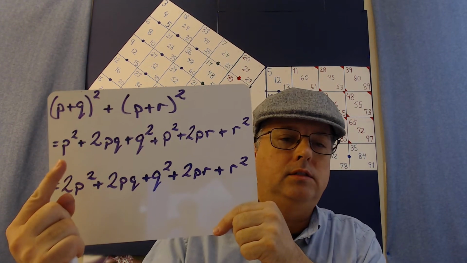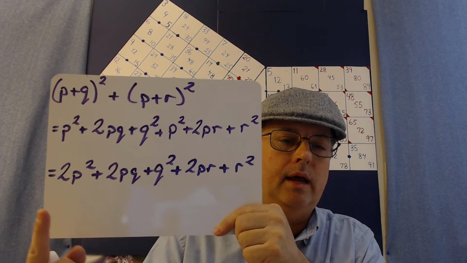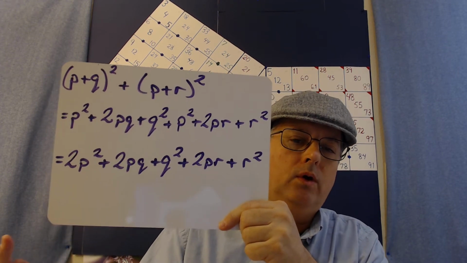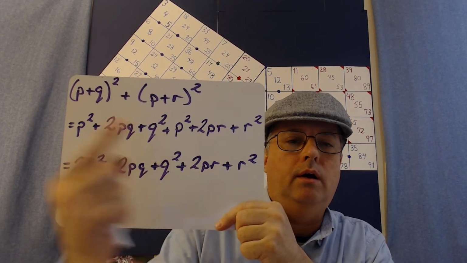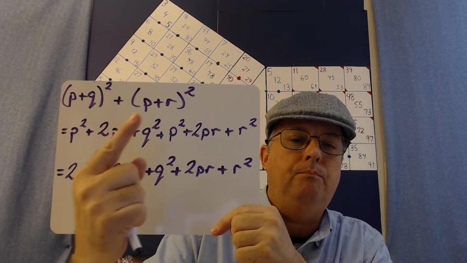And we can combine a couple like terms here. We'll have 2p squared plus 2pq plus q squared plus 2pr plus r squared. Okay, so we can combine this p squared and this other p squared and have 2p squared. Okay, so that's the expansion of p plus q squared and p plus r squared.